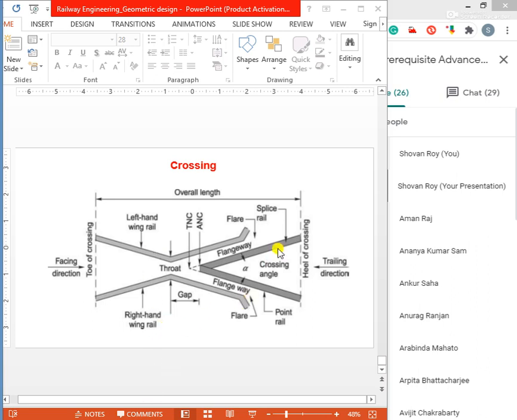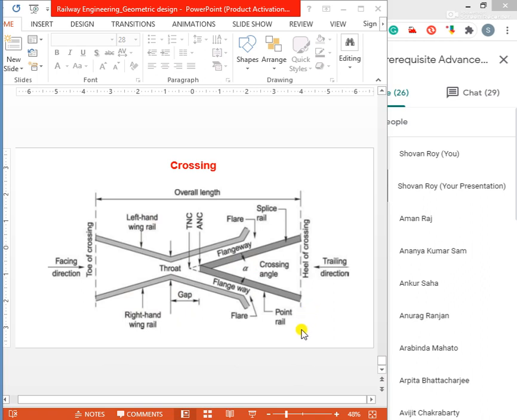The various terms are there, like throat, left hand wing rail, cross angle, splice rail, flangeway. But important are facing direction, trailing direction, toe of crossing, heel of crossing, and throat. Left hand wing rail is always important, and right hand wing rail.